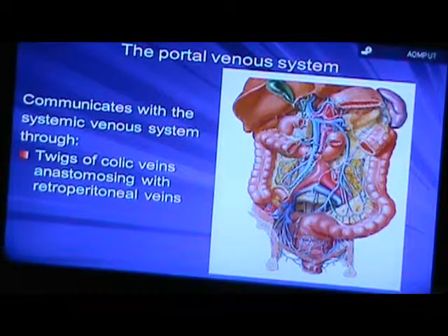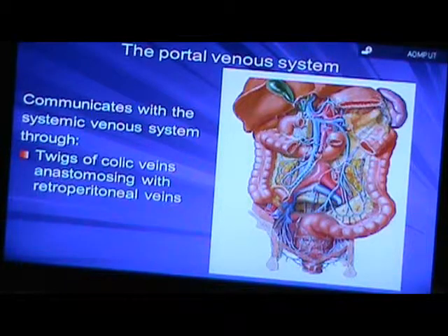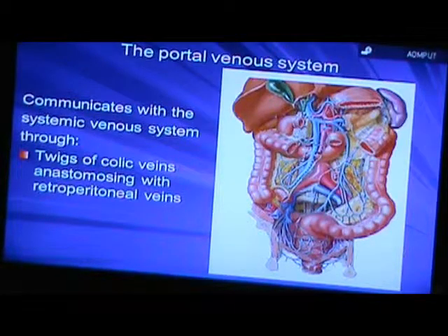Or the fourth, the portal venous system communicates with the systemic venous system through the twigs of the colic veins, which anastomose with the retroperitoneal veins. Which vein could be the retroperitoneal? For example, the lumbar vein, which drains into the inferior vena cava.